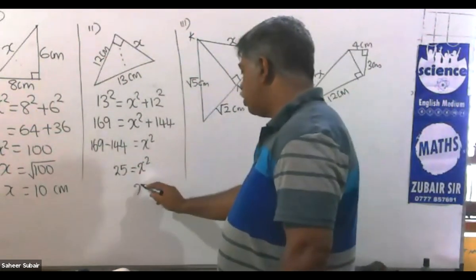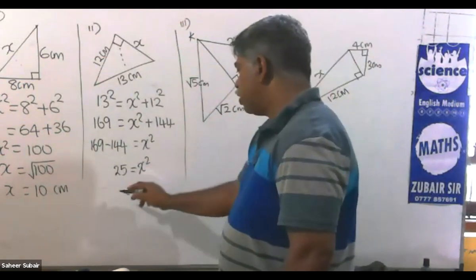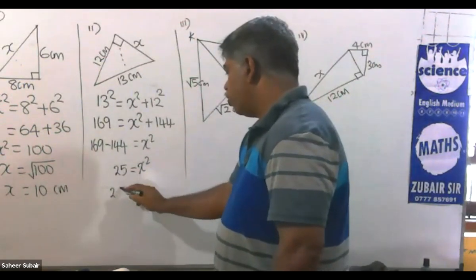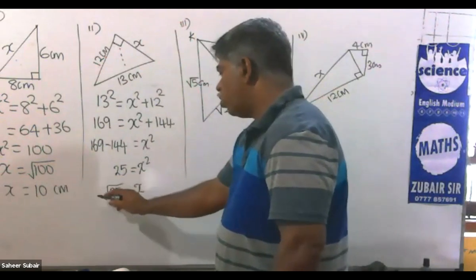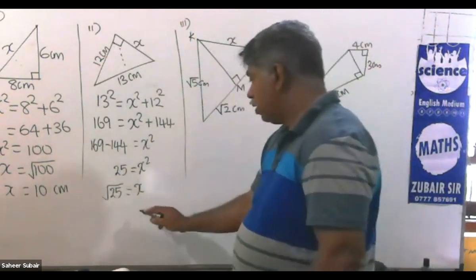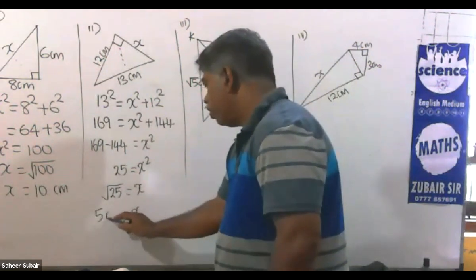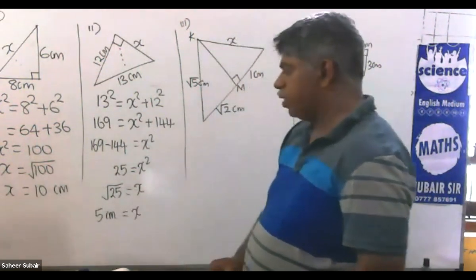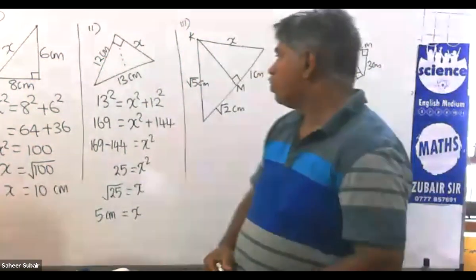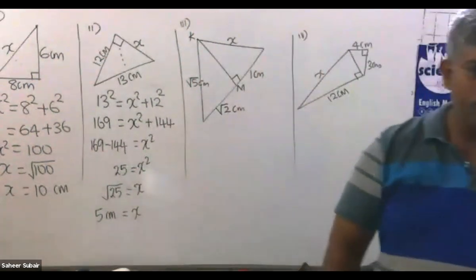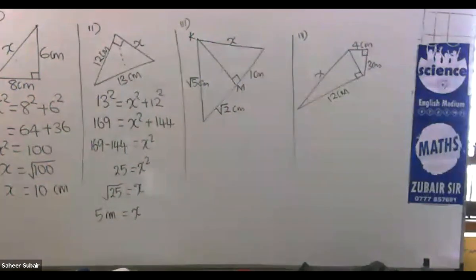So x squared equals this much, and to remove the square, we have to apply the square root on the other side. Then x is equal to square root of 25. That means 5 centimeter. So x is equal to 5 centimeter.